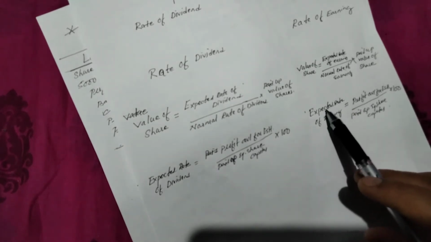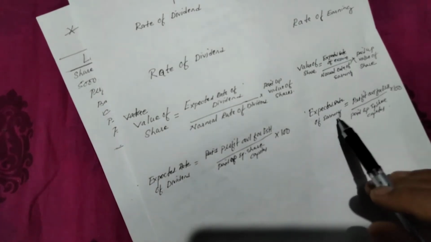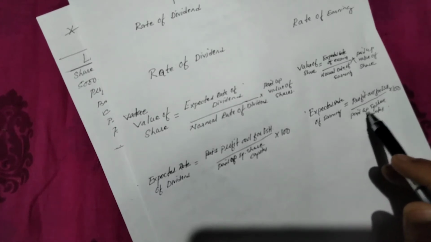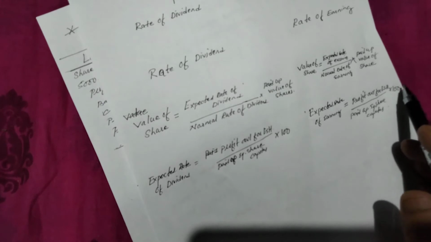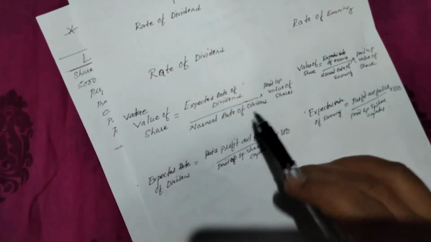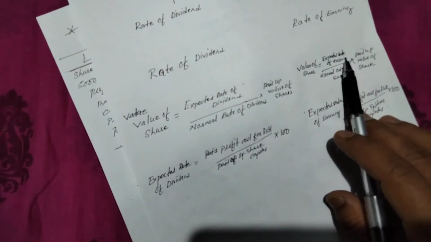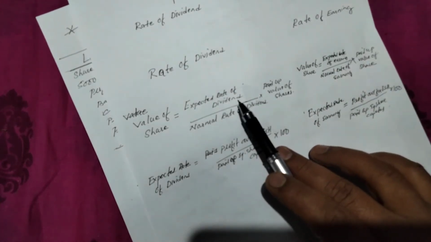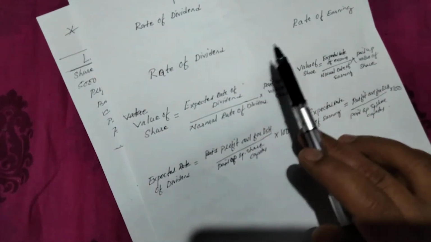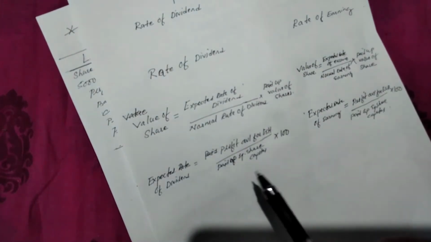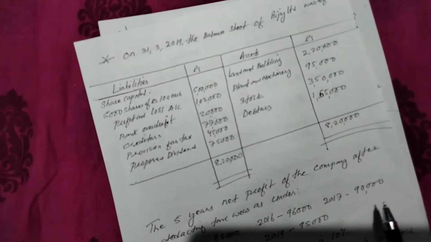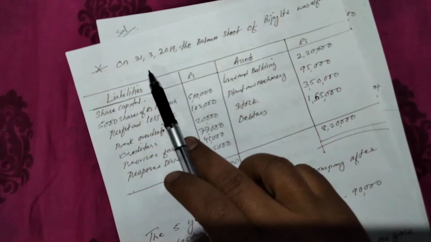Here also, expected rate of earning is profit available for equity shareholders divided by paid up equity share capital into 100. Everything is the same, just write dividend or earning depending on what is given in your question. Very easy. Now let us do one question from the yield method.